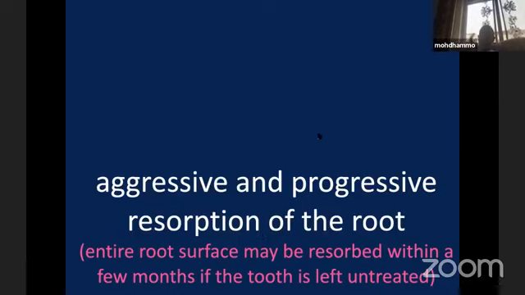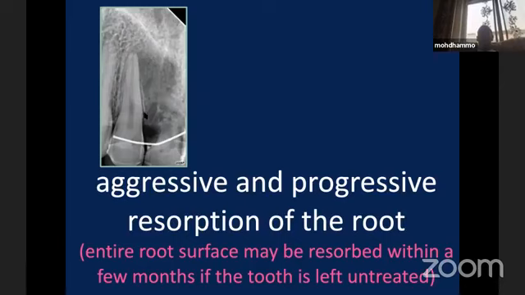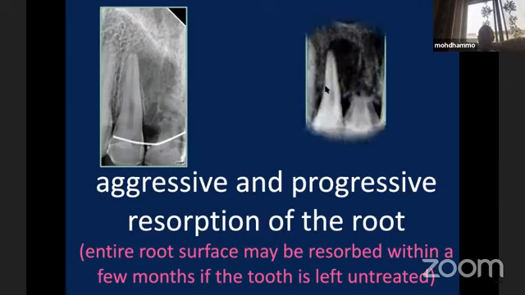So if you have an avulsed or luxated tooth and you replanted it or fixed it, you have a probability of having resorption after 1 week histologically and 2 to 4 weeks radiographically. And if you do not treat it, what will happen? The entire root might be resorbed like this case.